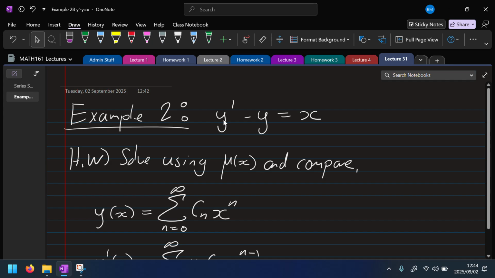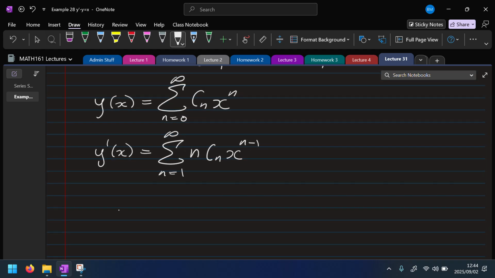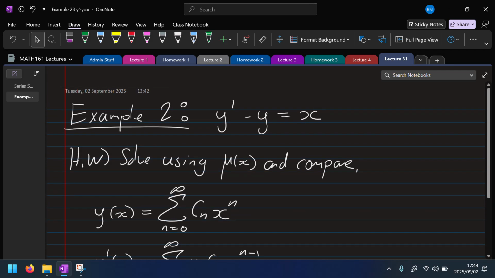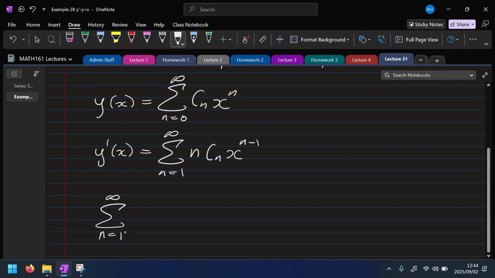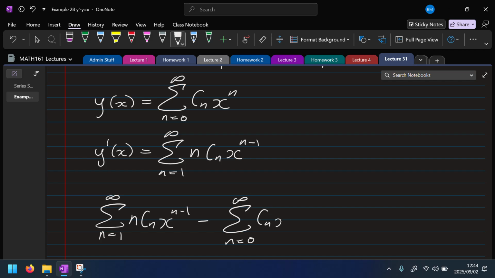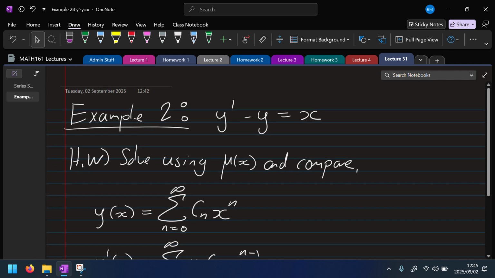So we're going to take the difference, and then the right-hand side, that's x. So we have the sum, n goes from 0 to infinity, of that y prime. So that's our first term, so that'll be 1. Minus, and then we have y, so that will start from 0. And then the right-hand side, that's x.